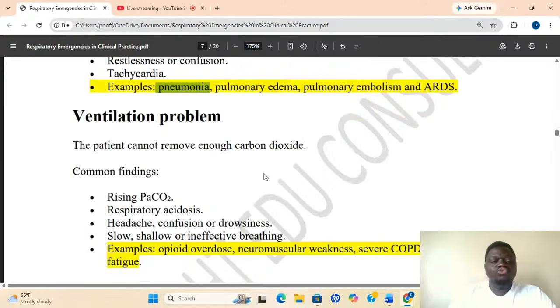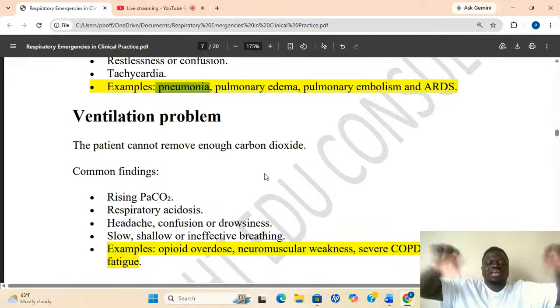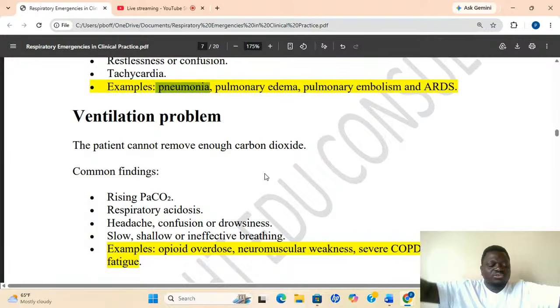Okay, let's go to the CO2 coming out. Oxygen has gone to help the cells do whatever they want to do, their metabolism, ATP production, everything. Carbon dioxide is now coming back. When carbon dioxide was coming back, it has been blocked.